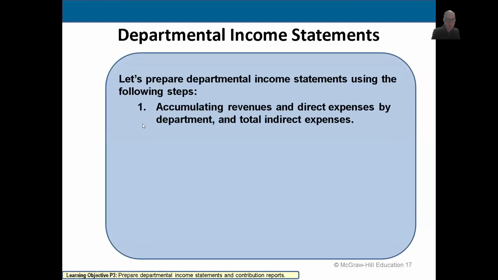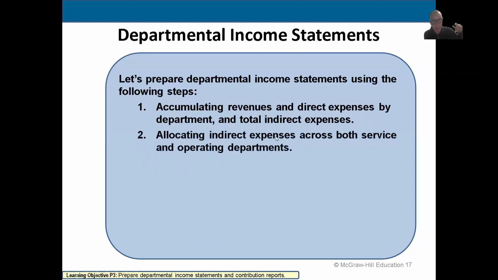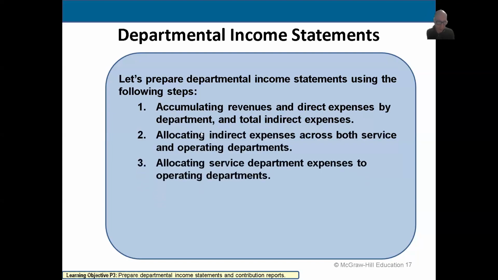So here we go. We take the revenue and expenses from the department. And we also take the total indirect expenses. And we allocate those total indirect expenses across both service and operating departments. Then we allocate the service department expenses to the operating departments.